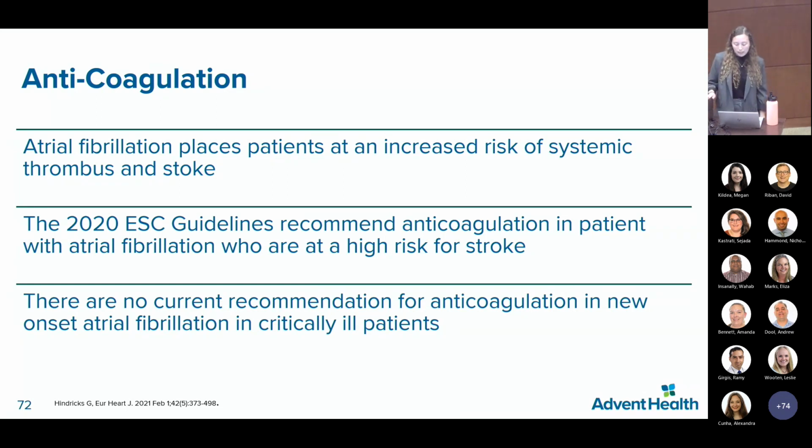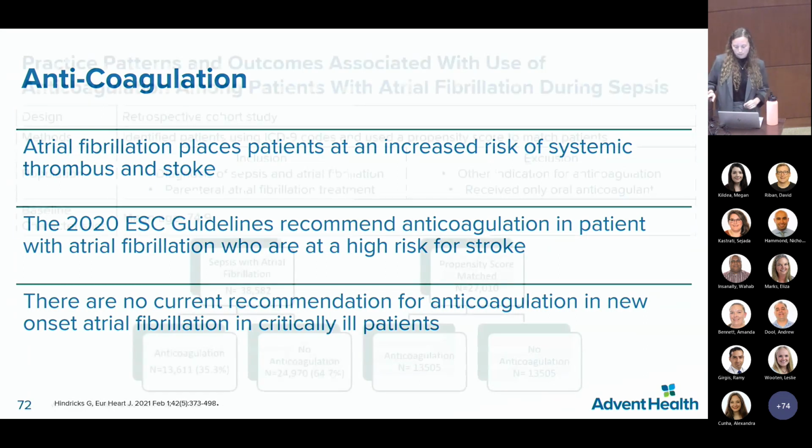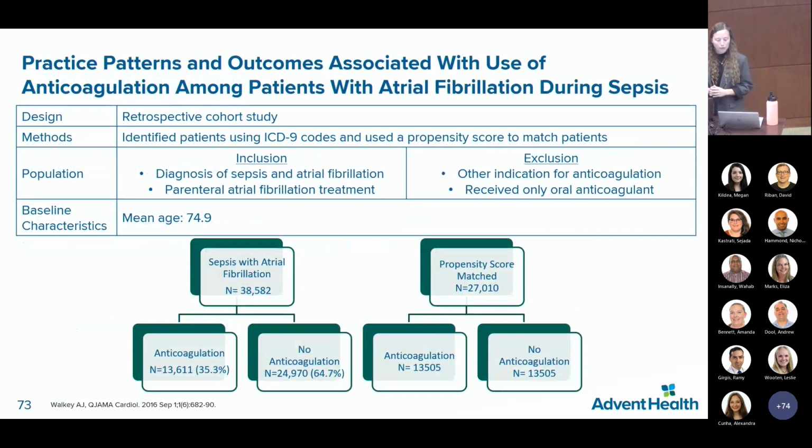The evidence directing these guidelines was taken from the general population, and the CHA2DS2-VASc score validation studies did not include critically ill patients. I want to review the data that is available for the use of anticoagulation in our critically ill patients. So this was a retrospective study that assessed outcomes associated with anticoagulation in patients with sepsis.